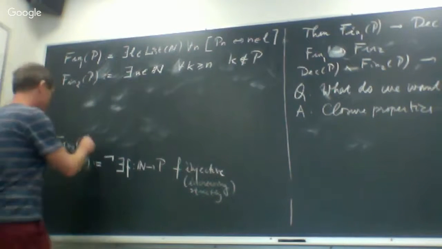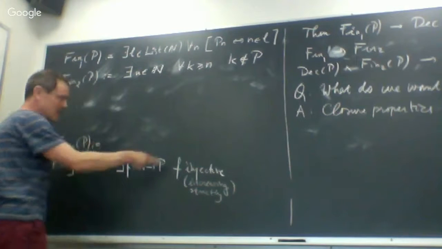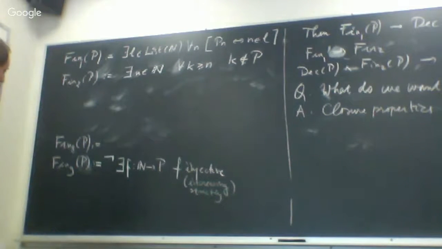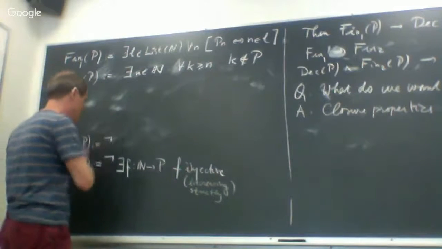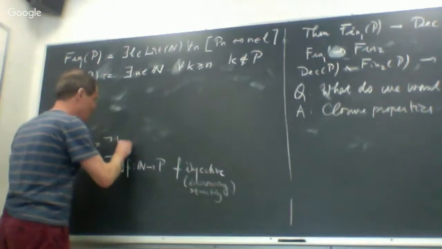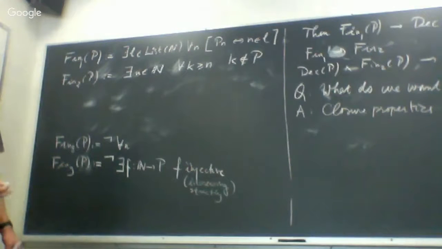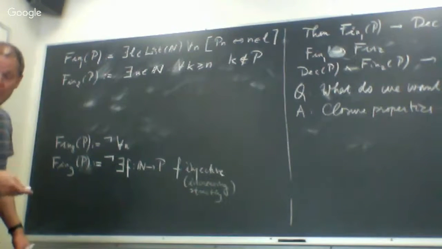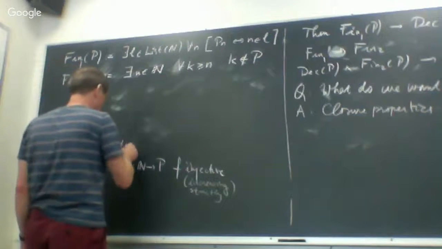Of course, this one has a smaller brother, so to say, or larger since it's slightly stronger, which in an arithmetical way expresses that P is constructively infinite, and that is this way.